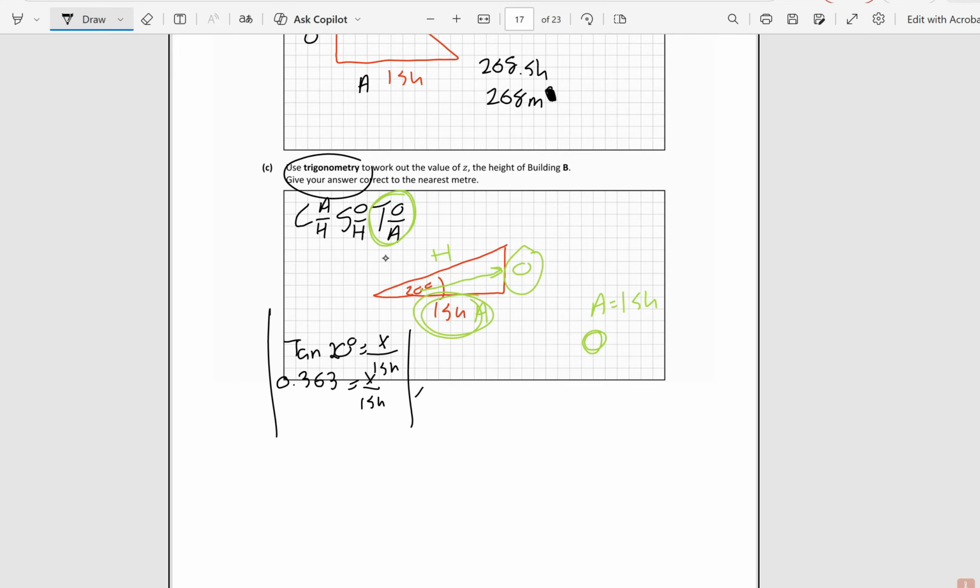Now we'll multiply by 154. That'll leave us with X equals 0.363 multiplied by 154, which equals 55.90. It says to correct to the nearest meter, so 56 meters.